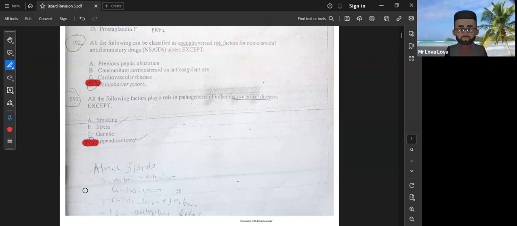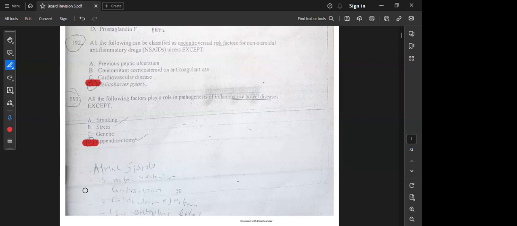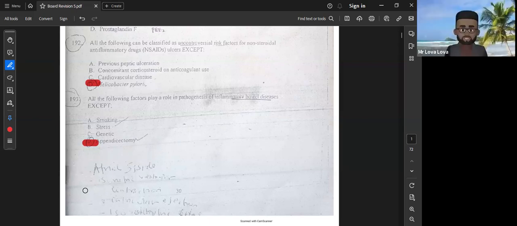Rebecca? Yes, your point is valid, but for that specific question we're looking at the controversial risk. Why we are going with Helicobacter is that when you have Helicobacter and you're using NSAIDs, as you know, Helicobacter can lay dormant before it starts acting up.